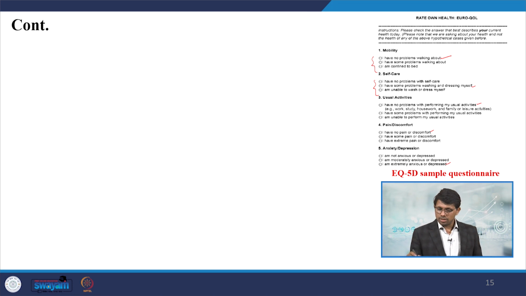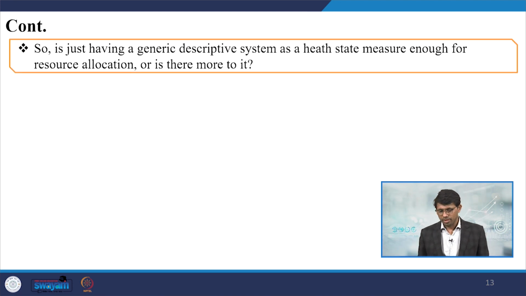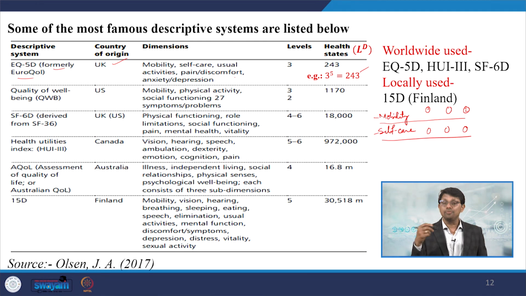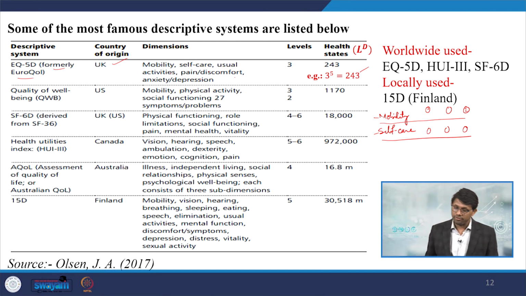Similarly, out of all 5, a person carries many combinations. Since 5 types are there, it will be 3 to the power 5, and in total the number of health states is 243.